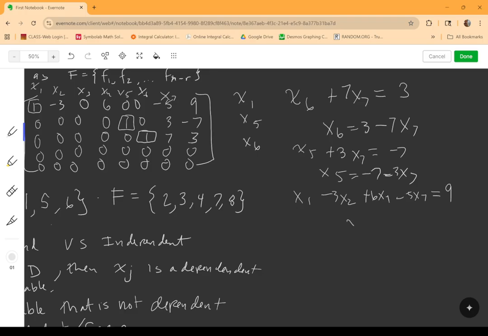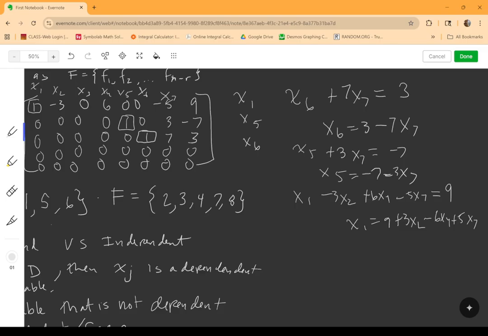Or solving for X1, we get 9 plus 3X2 minus 6X4 plus 5X7. Now you can see why we refer to them as dependent. They depend on the other variables in the system, the free ones, whereas the free ones, we are, again, free to choose what value they are.